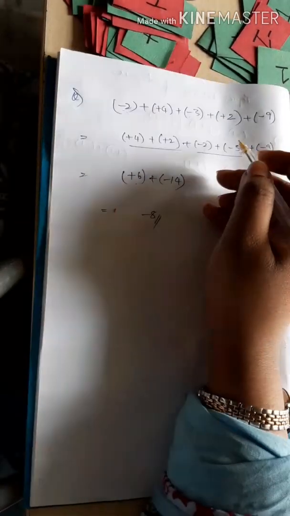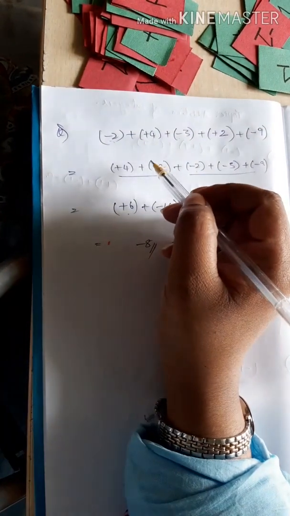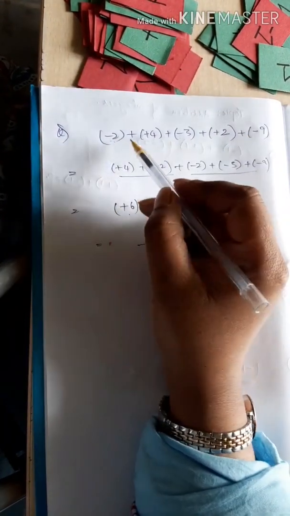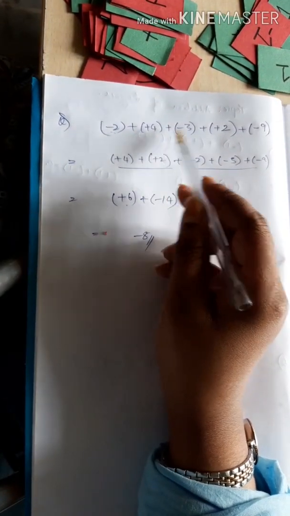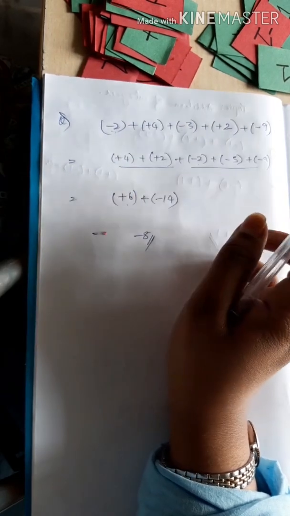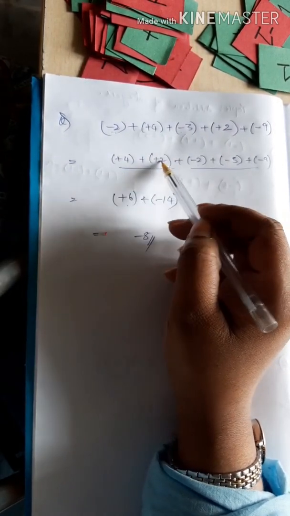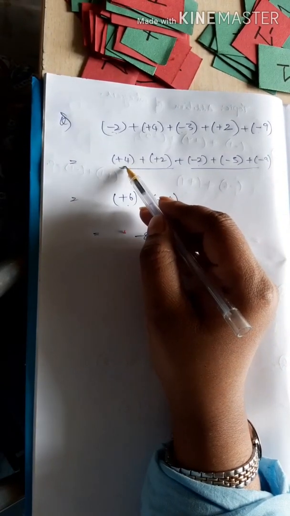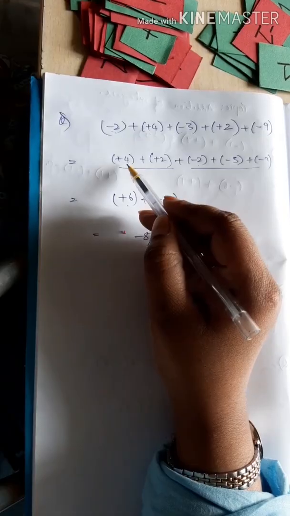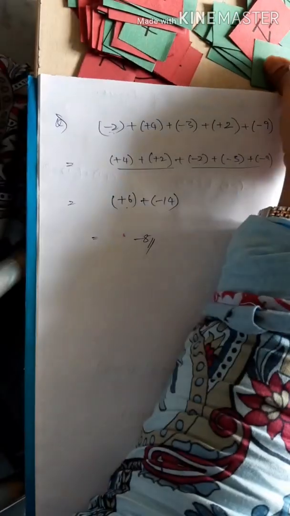So let's take one more example. I have already written here 1, 2, 3, 4, 5. 5 integers are there. Among these 5 integers, 2 are positive, 3 are negative. So I have written all positive numbers together and negative numbers together. Now plus 4 is nothing but 4 green cards. 1, 2, 3, 4.